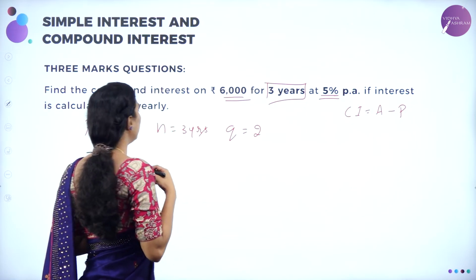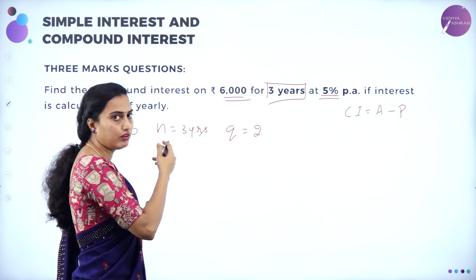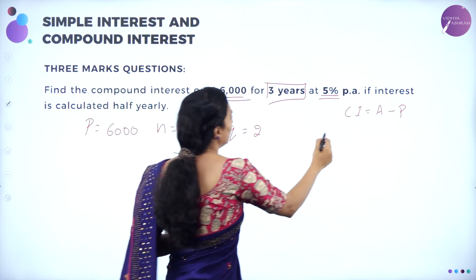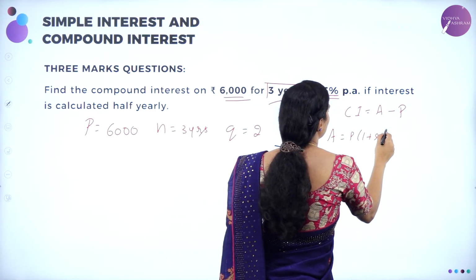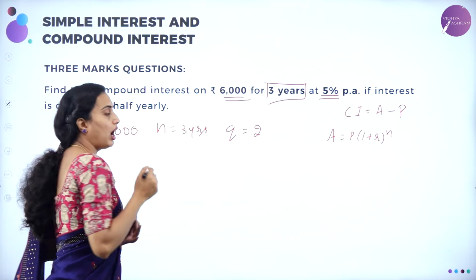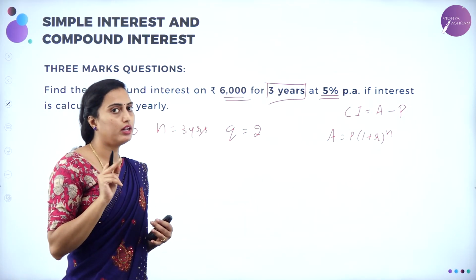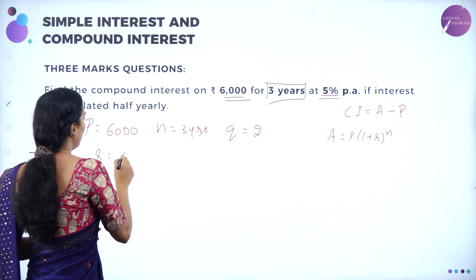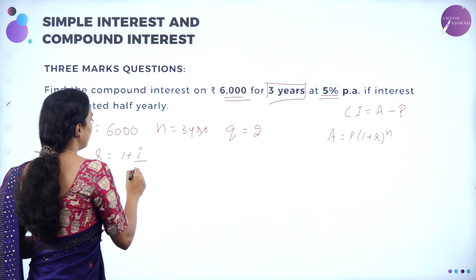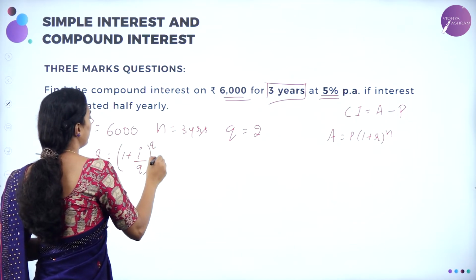Before calculating A, let me calculate the rate of interest, because A is equal to P into 1 plus R whole to the power of n. Now R I want, which means I should calculate the nominal rate of interest, isn't it? Therefore, R is equal to 1 plus I divided by Q, whole to the power of Q, minus 1.